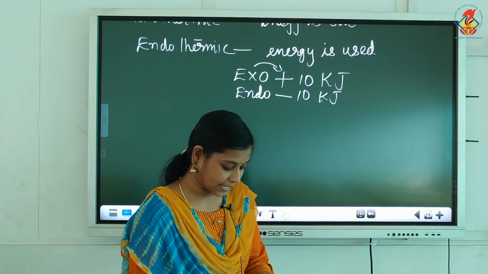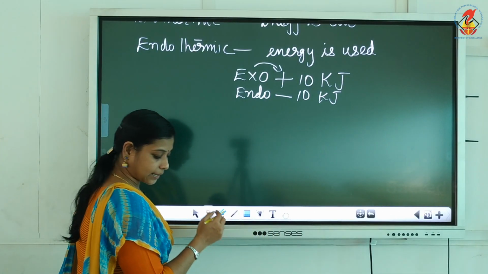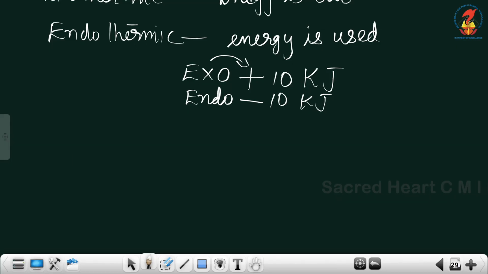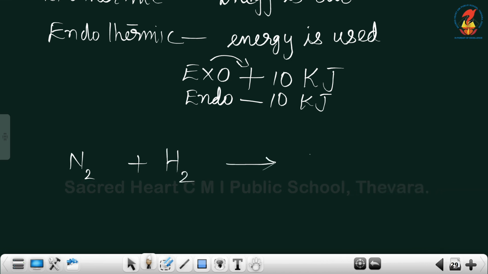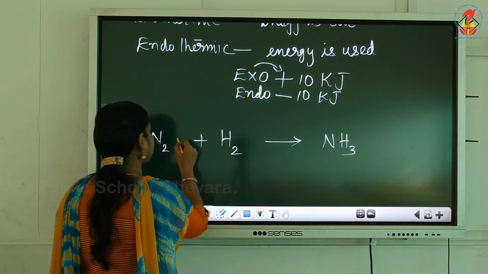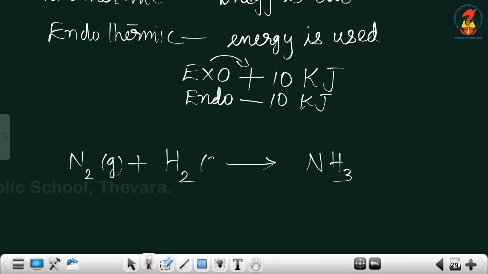Okay. So, for example, writing the equation, nitrogen N2 and hydrogen react to produce ammonia. First of all we can write the state symbols there. Nitrogen is a gas, hydrogen is also a gas, and the product ammonia is also a gas.